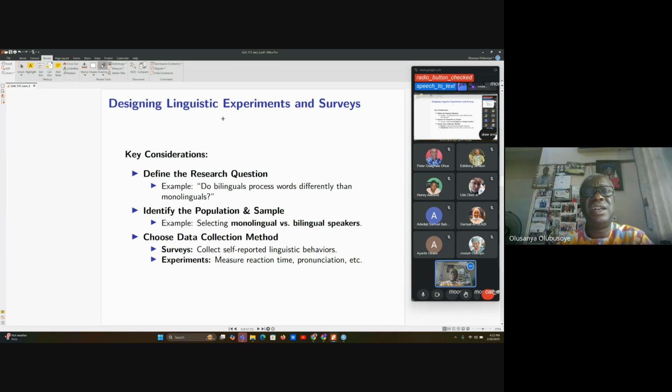So anytime you are designing your experiment, you must take into consideration, one, what is the research question? Unfortunately, most people do not start by even indicating their research question.